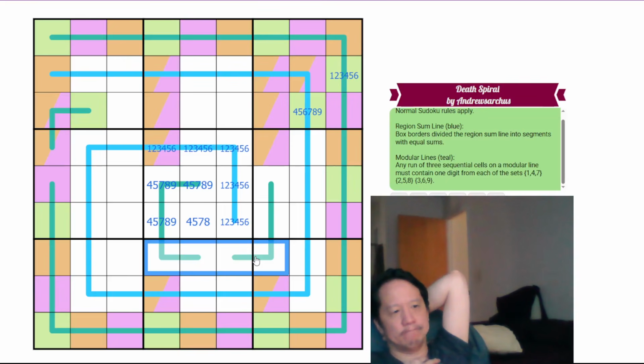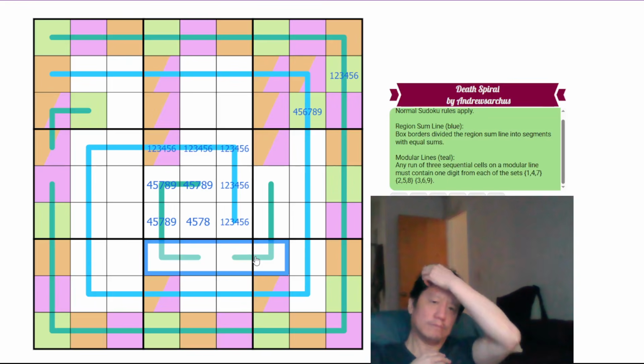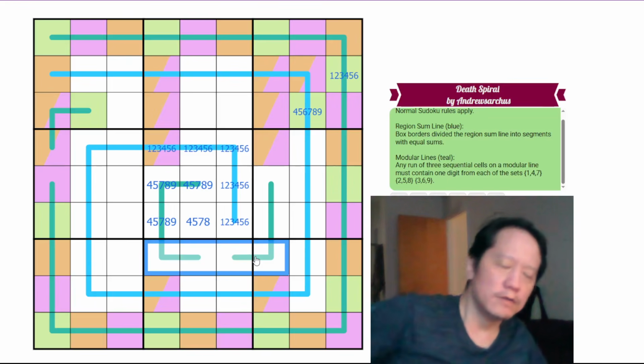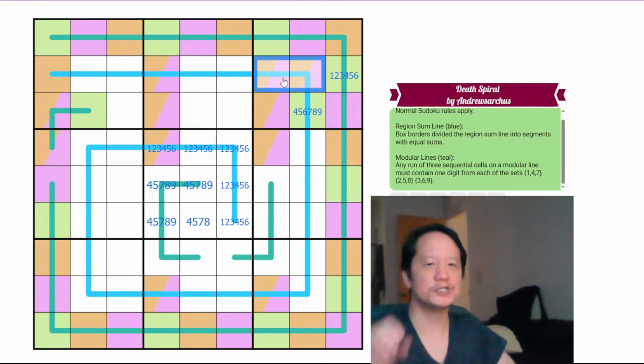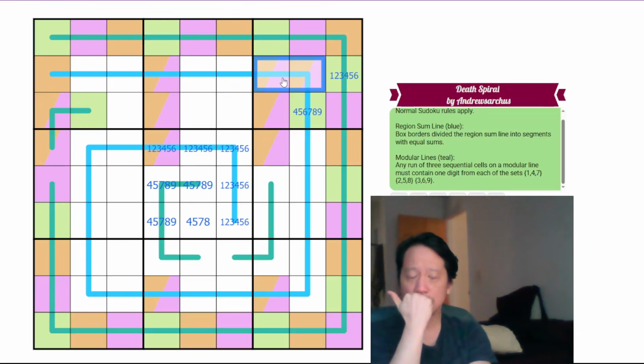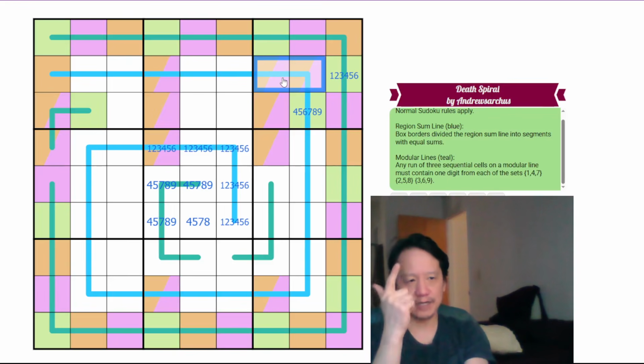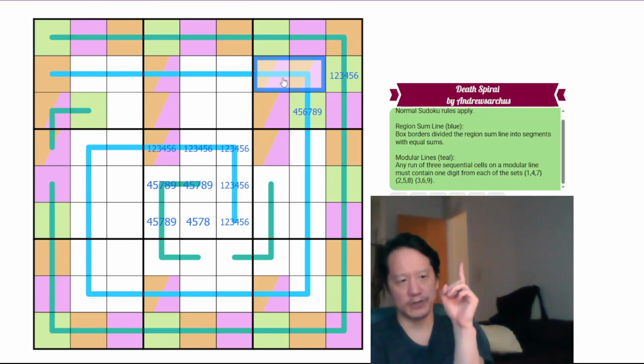Huh. Oh. Can this be orange and pink there? And I think the answer is no. If you have orange and pink, that's one mod 3.